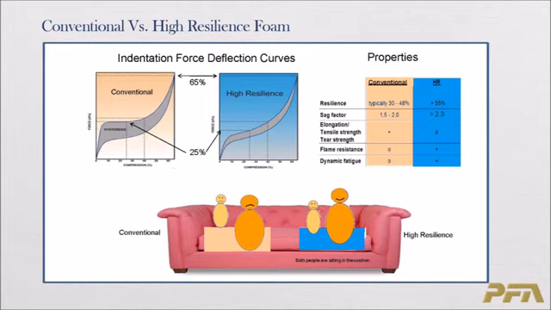That all goes back to the irregular cell structure I told you about for the HR type foams. The sag factor or support factor is the 65% IFD over the 25% IFD. So the HR has a higher ratio, indicating better support. And the difference between the loading curves and the unloading curves is called hysteresis.